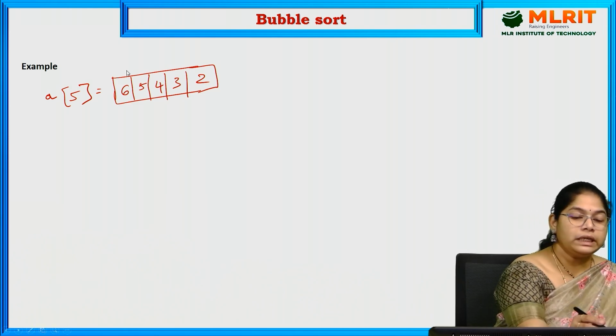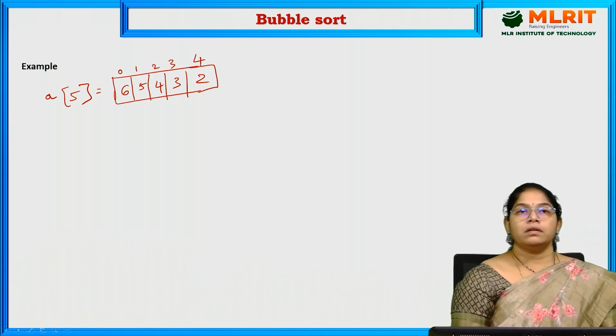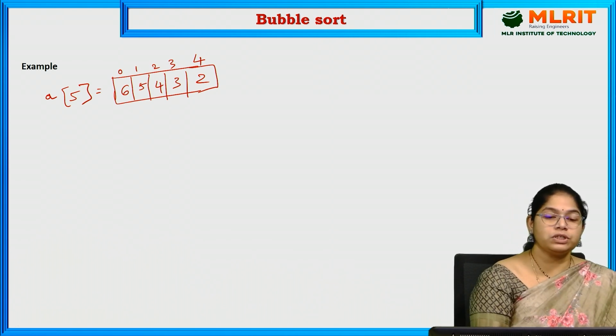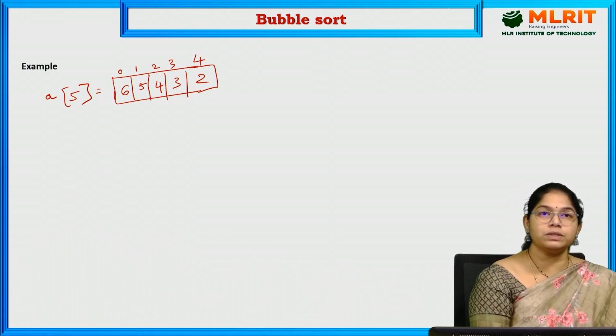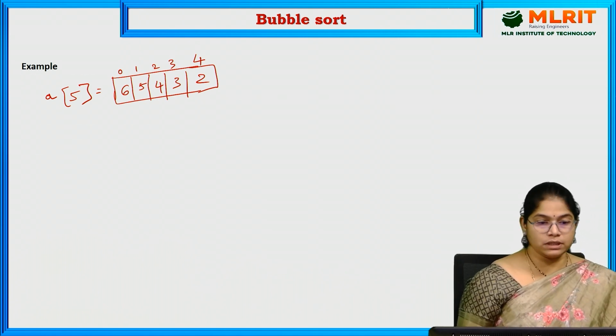The indexes of this array are 0, 1, 2, 3 and 4. The end of the array is index position n minus 1, since the index starts with 0.